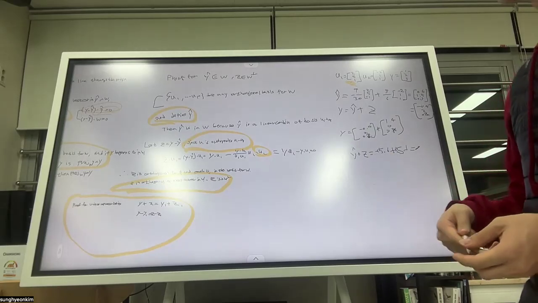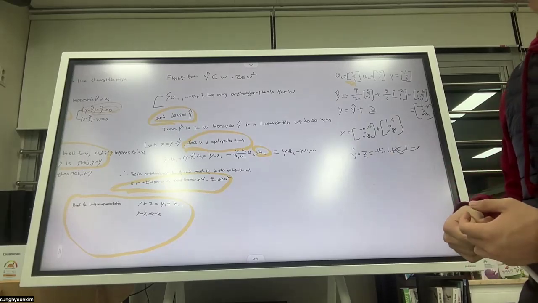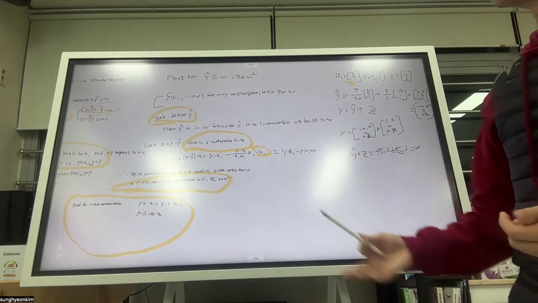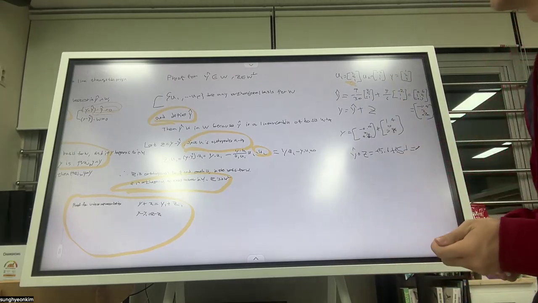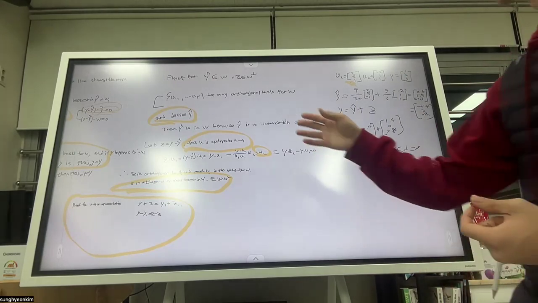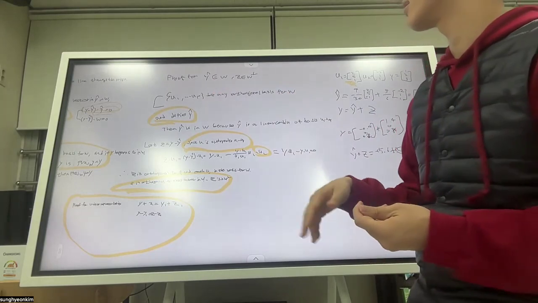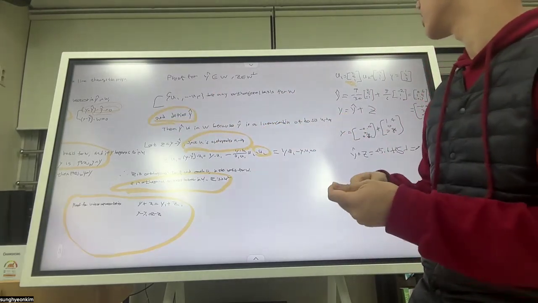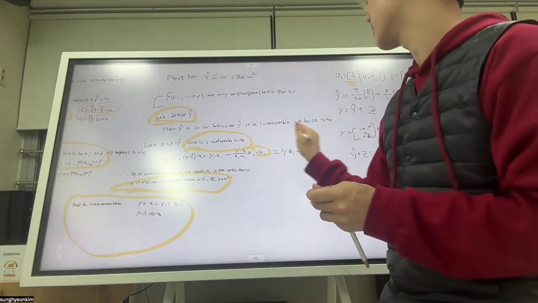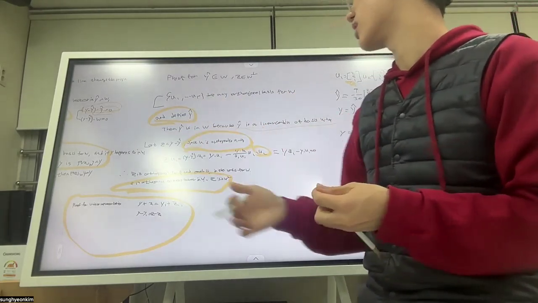You can also prove that y hat is in W and z is an element of W complement. Let's say it is an orthogonal basis. You can define y hat as a linear combination of the basis u1 to up. Then you can define z, which is y minus y hat.